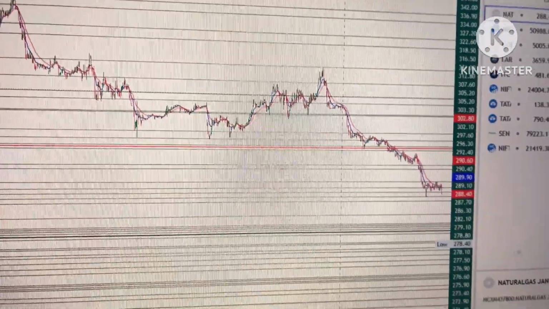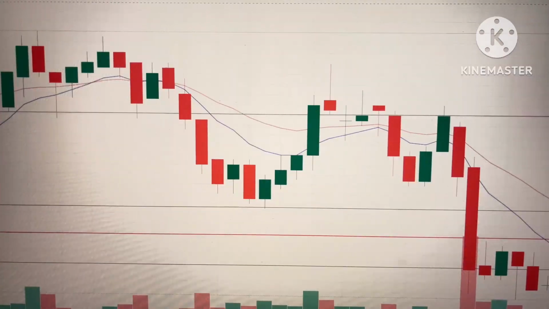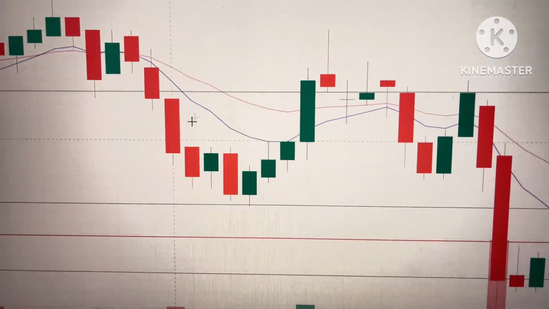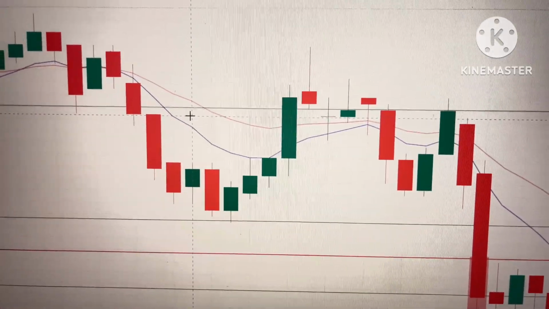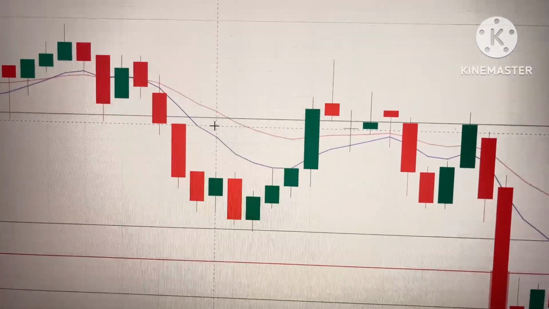Now let me explain how to understand the levels. So now we have a very interesting part over here. Whatever I am teaching you, everything will not work 100%.